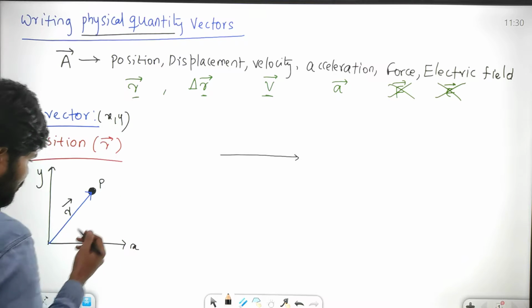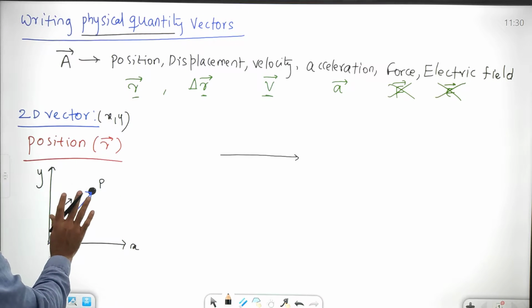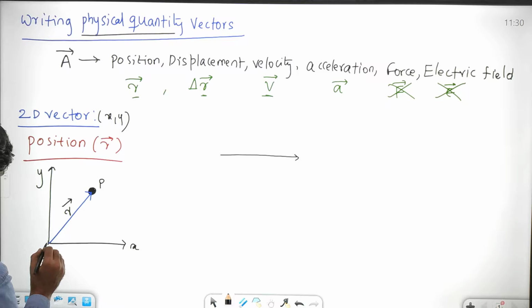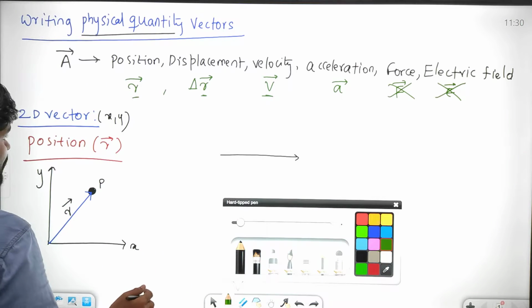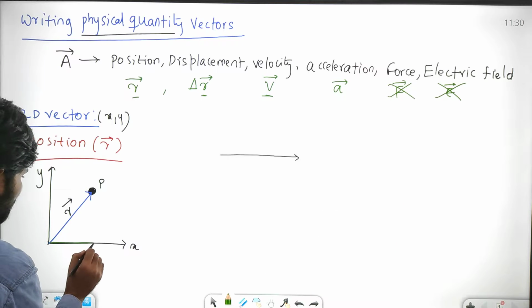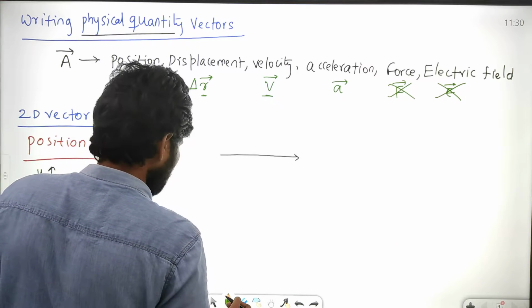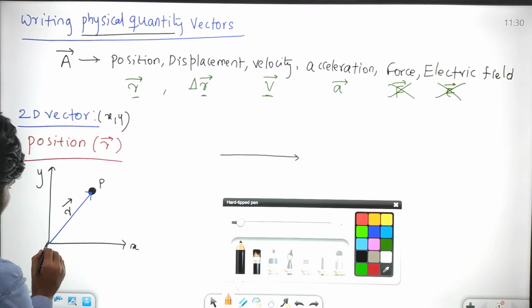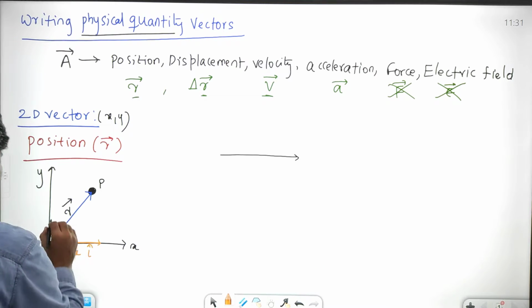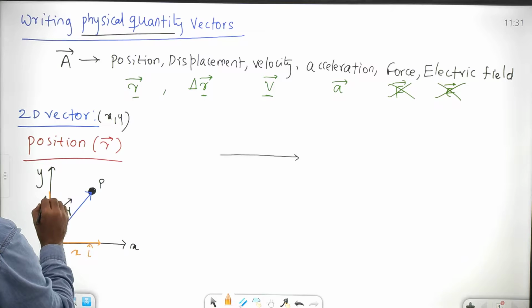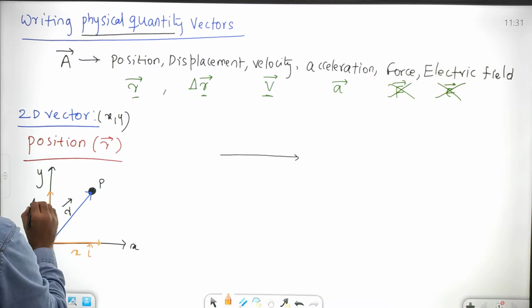We already know that if the vector is in the xy plane, we can write it as x i cap and y j cap.